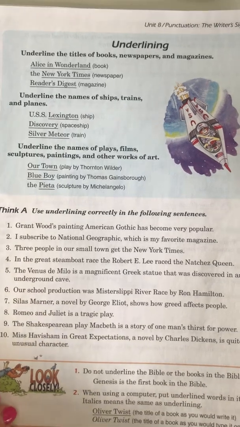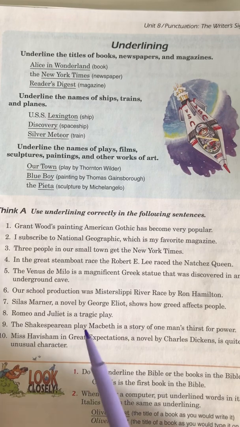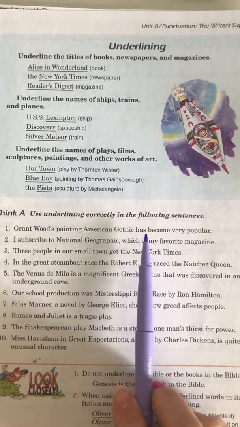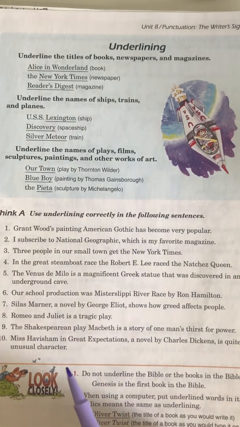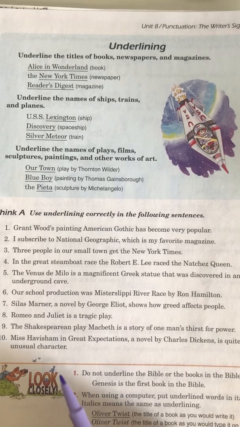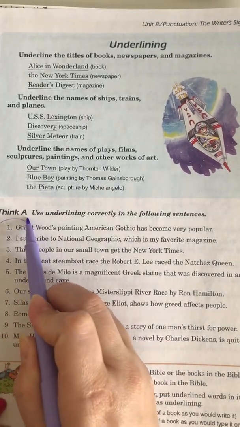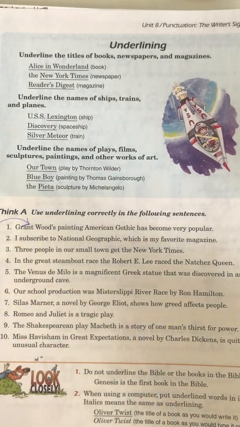So here on Think A, it's quite easy because you will notice many proper nouns. The only thing that you should be looking out for is not every proper noun needs to be underlined. If it's just talking about the name of a person, like in this case it says Grant Wood, then you don't underline it.